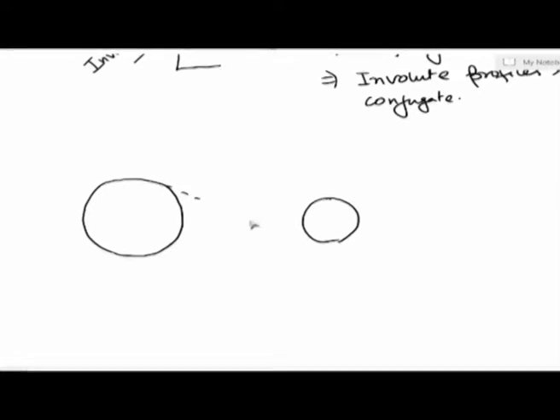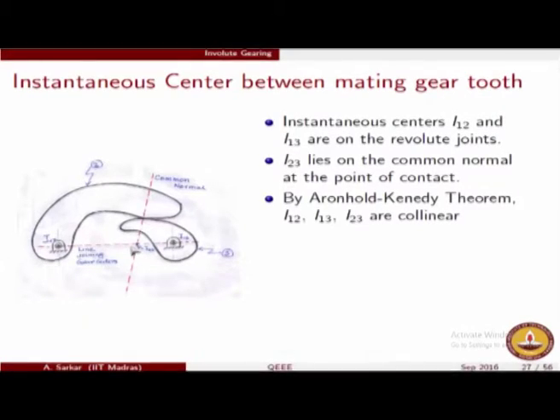So this line is the internal tangent to the base circles. This is also equal to the common normal of the involutes.